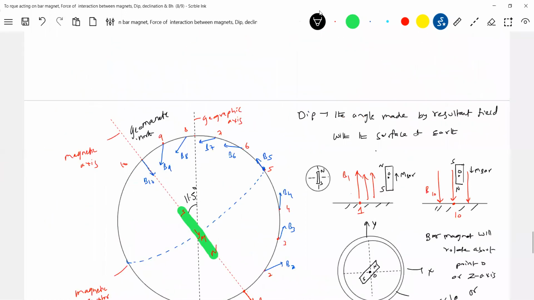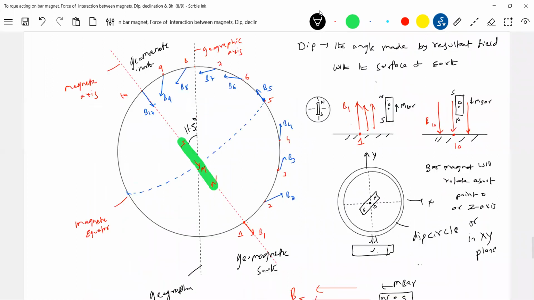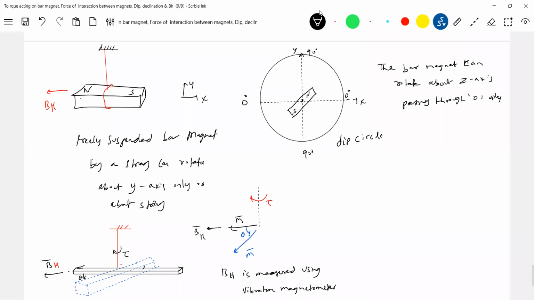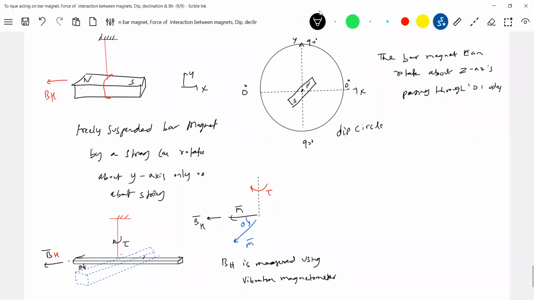We have some directions here, and that at every point will be different. Therefore, I'll take help of these two equipments. Now, the plane in which the freely suspended bar magnet lies is called the magnetic meridian. Do you agree? So I'll define the meridians. First, the magnetic meridian.